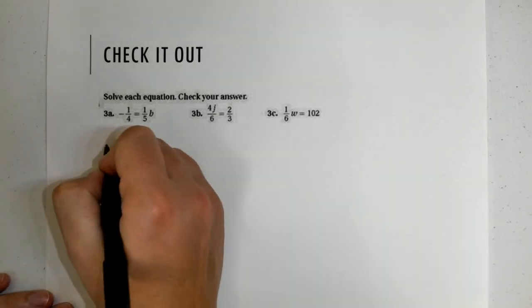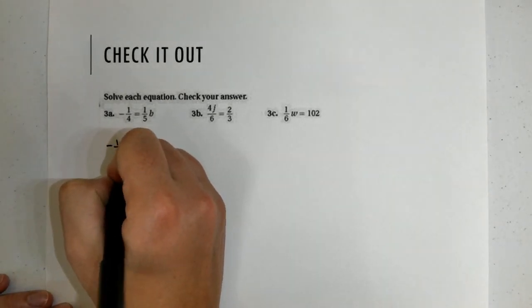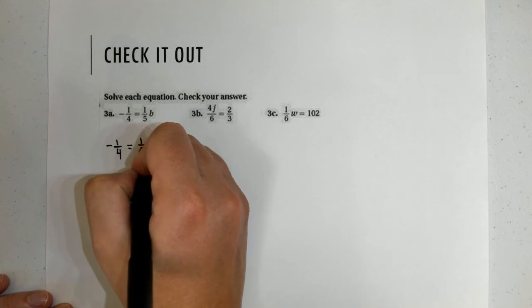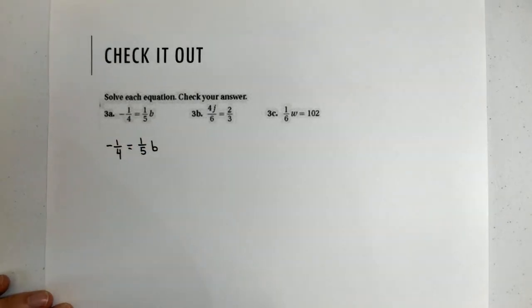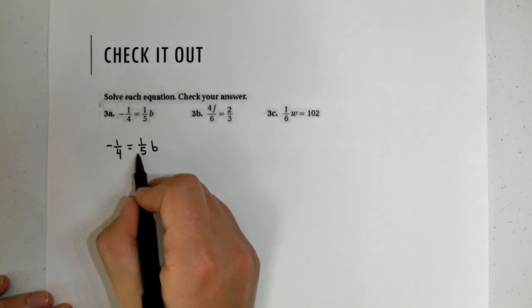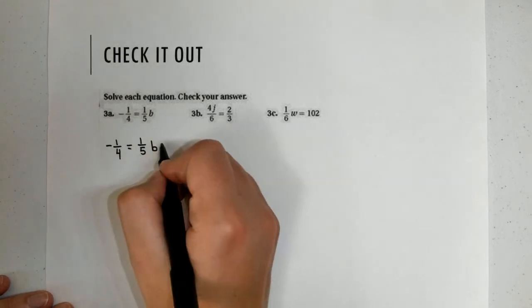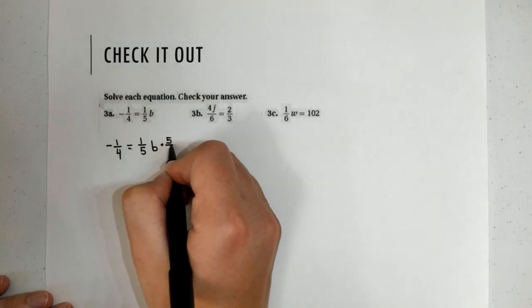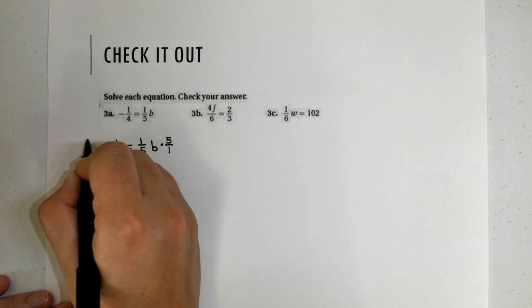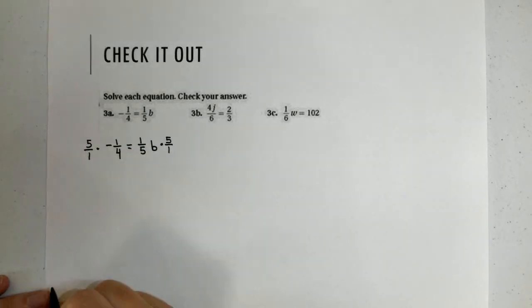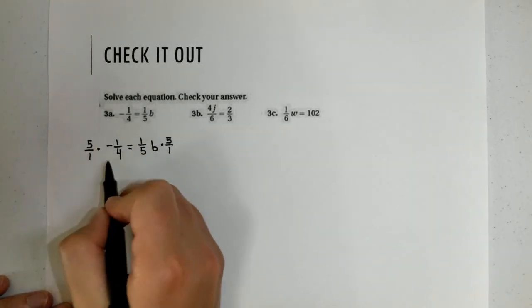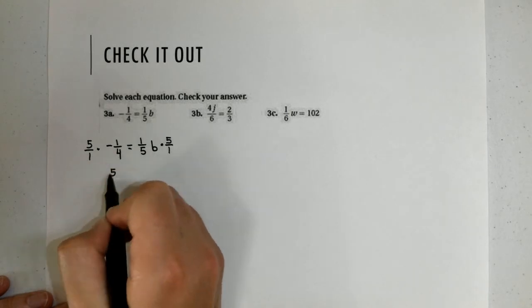All right, so for A, I have -1/4 equals 1/5 B. Okay, my variable term has this 1/5 in front, so I'm going to multiply by the reciprocal, which is 5 over 1. I'm going to multiply the left-hand side by 5 over 1. So 5 times 1 is 5. 1 times 4 is 4.